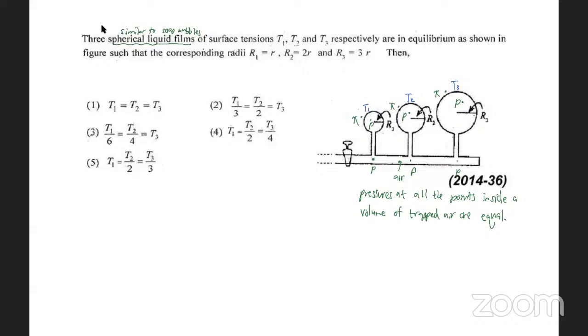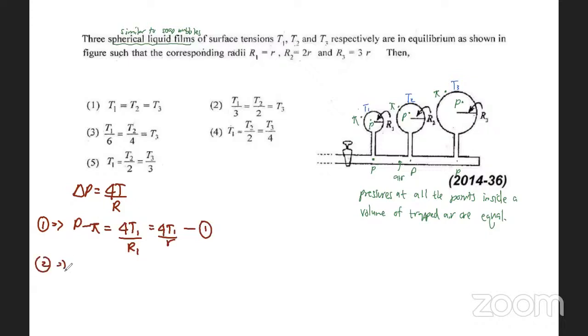We can write the equation like this now. Change in pressure is equal to, not 2T, careful, 4T over capital R. So for the first diagram, if you apply, it is going to be P minus P0 equal to 4T1 over R1. That is also equal to 4T1 over simple R. First equation.